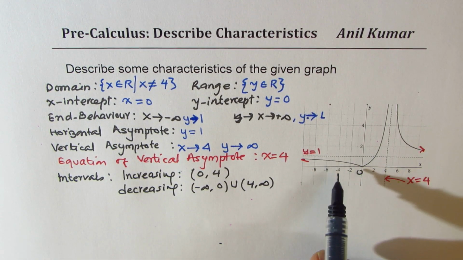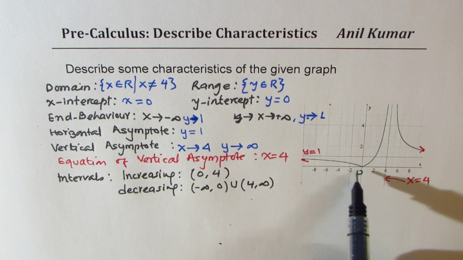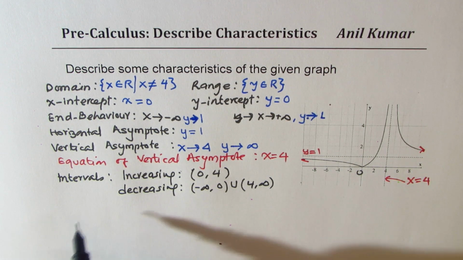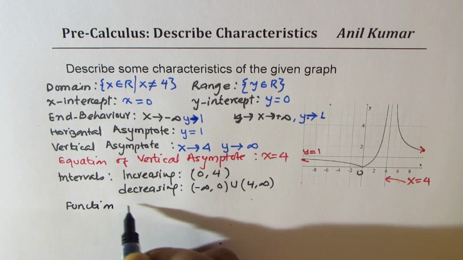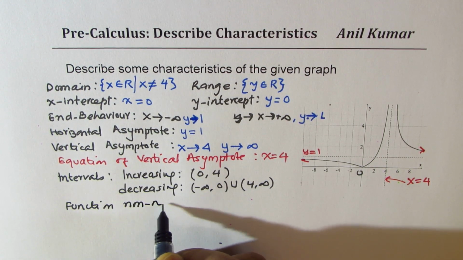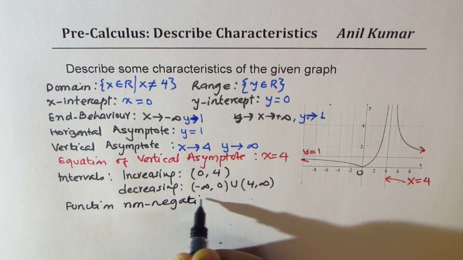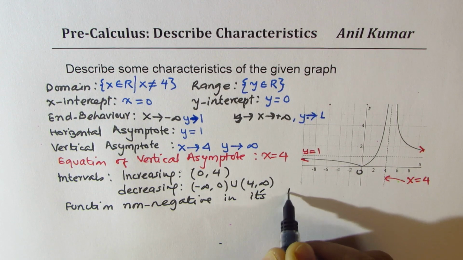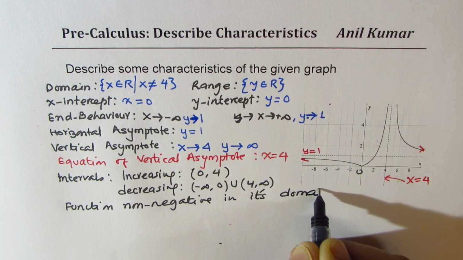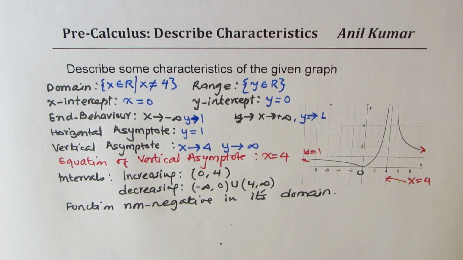Now, when is the function positive? So we see that it is non-negative all throughout, right? So you could write function is non-negative in its domain. Does it make sense? So you could describe like this also, those characteristics.